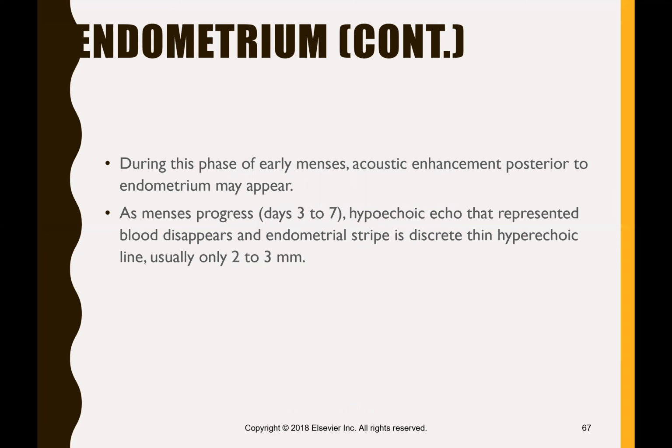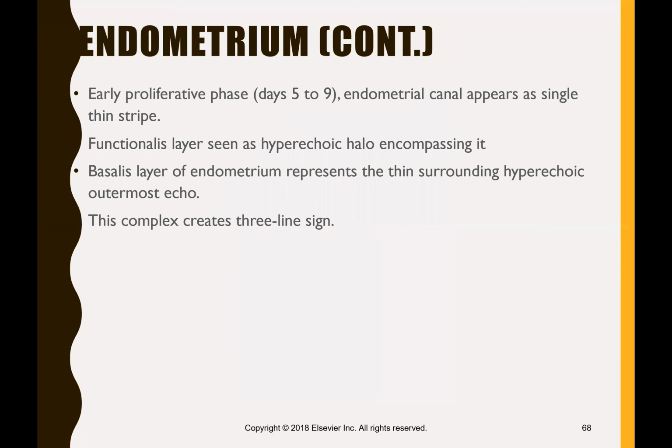And this is kind of what that goes over here. So early on in the proliferative phase, from day 5 to 9, the endometrial canal appears as a single thin strip. But as it goes from day 9 to 14, it creates this complex 3-line sign again.